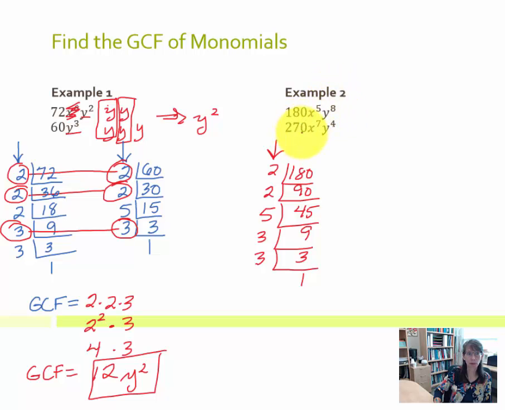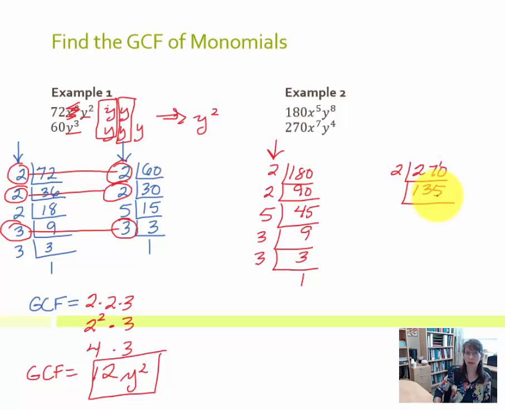Next, we'll work with the base 270. 270 is an even number, so I know that I can divide by 2. So 2 goes into 2 once, 2 goes into 7 3 times with 1 left over, 2 goes into 10 5 times.